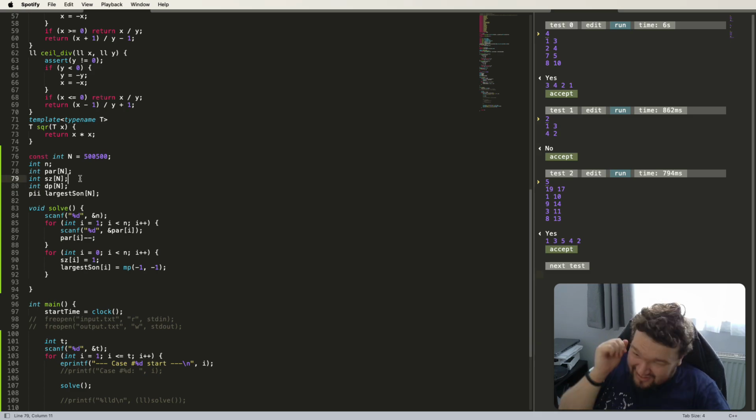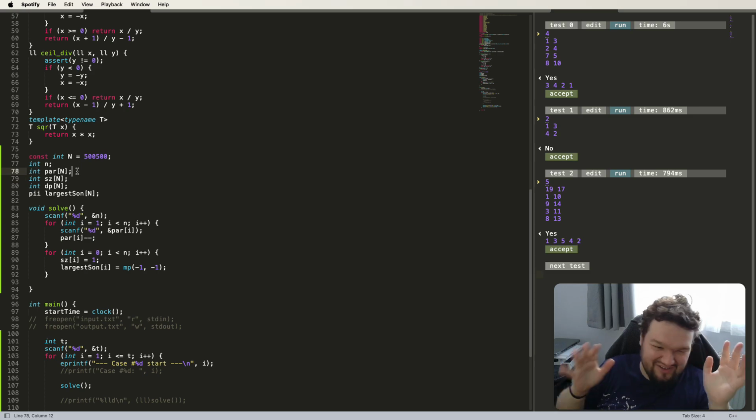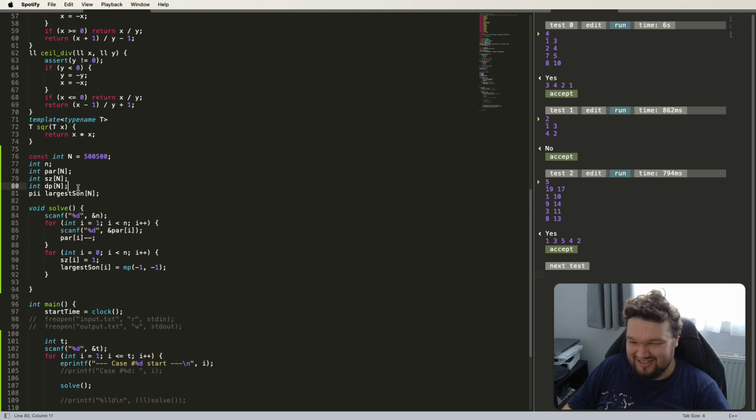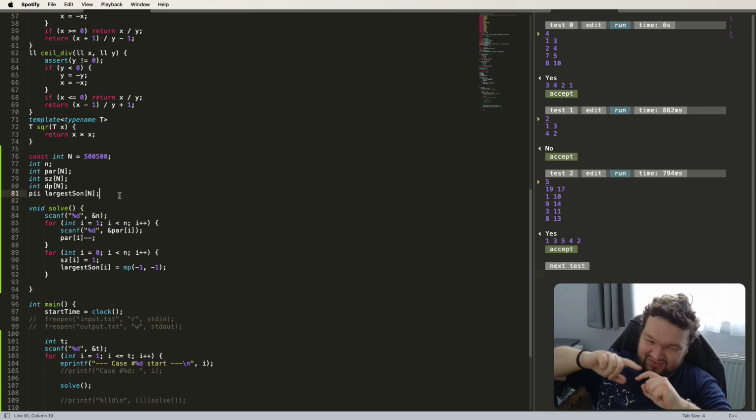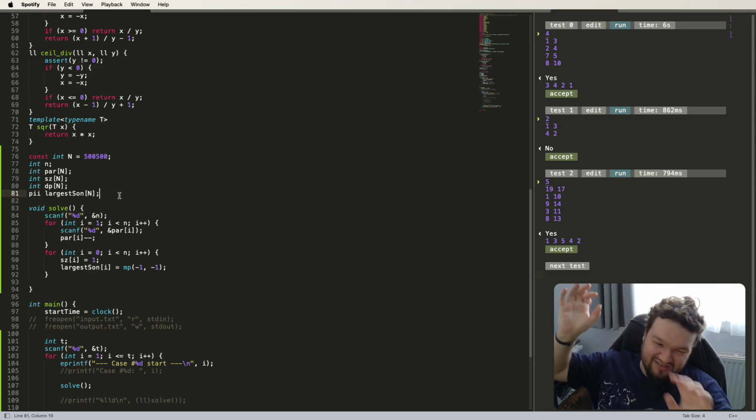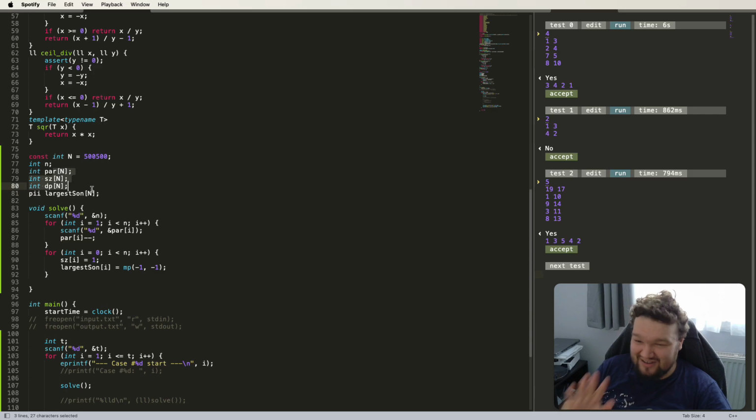But I don't even have to have this vector of vectors or array of vectors for storing the sons, because when I solve for the vertex v, I will update its parent with everything I need to know, and I only need to know a couple of values for every vertex.